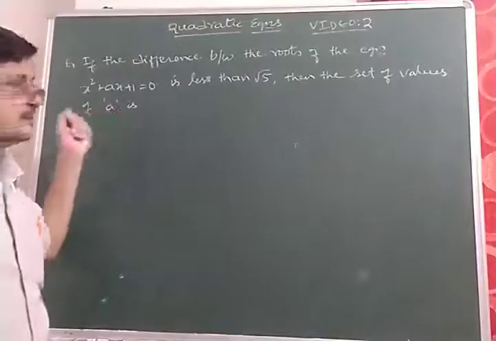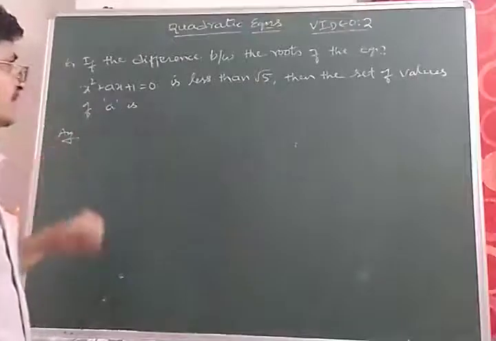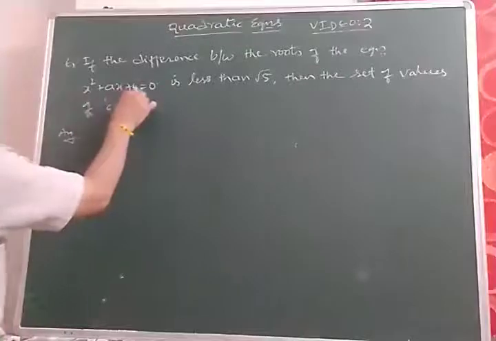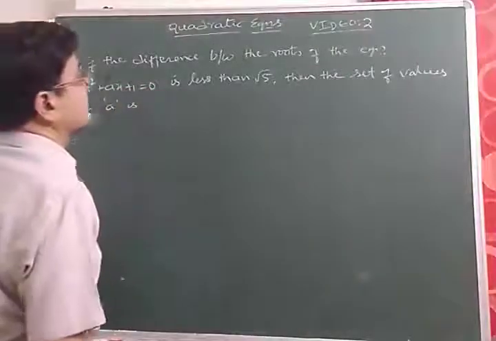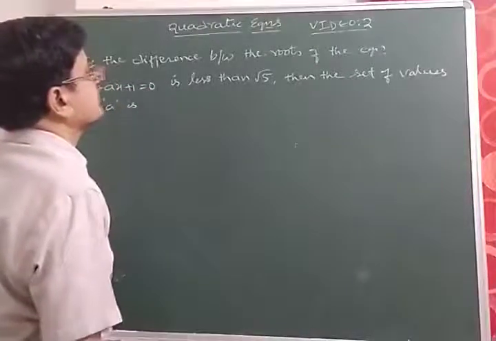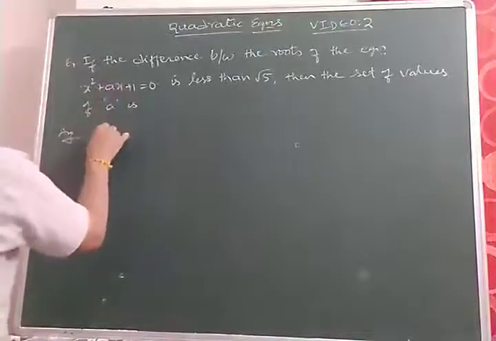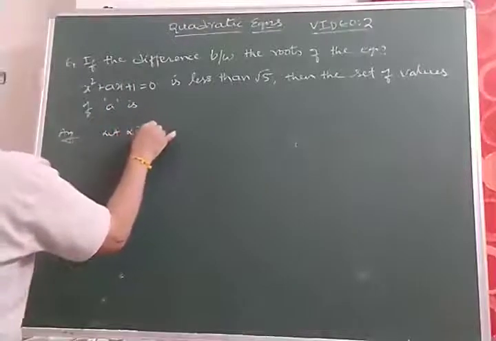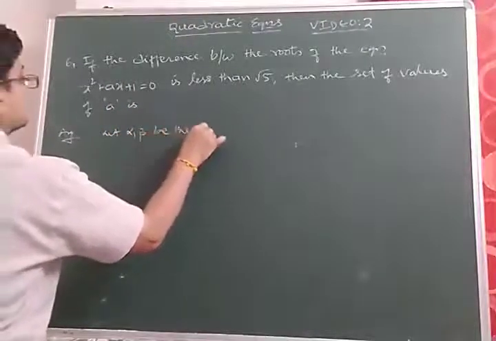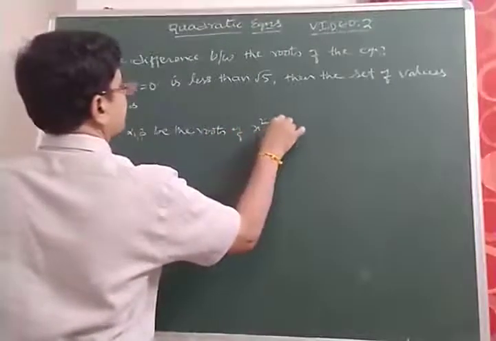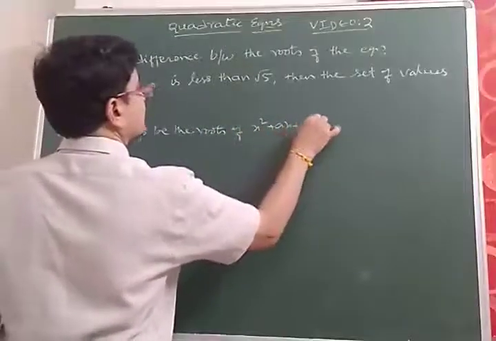Question number 6. If the difference between the roots of the equation x square plus ax plus 1 is equal to 0 is less than root 5, then the set of values of a is. So let alpha, beta be the roots of x square plus ax plus 1 is equal to 0.